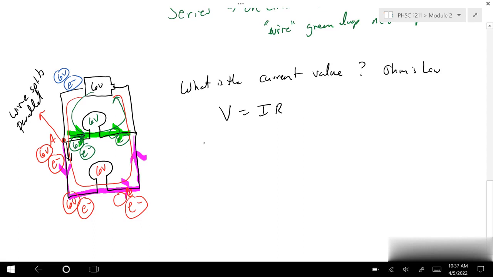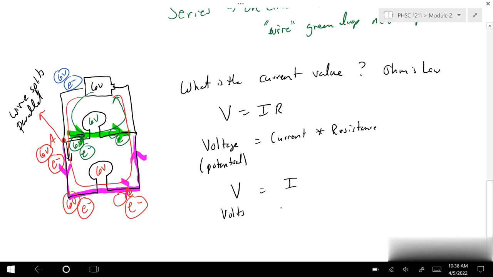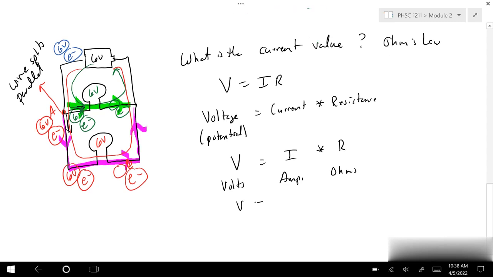So Ohm's law is V is equal to I times R. And that is our voltage or our potential is equal to our current times our resistance. And our units is V for volts is equal to I amps times R ohms.